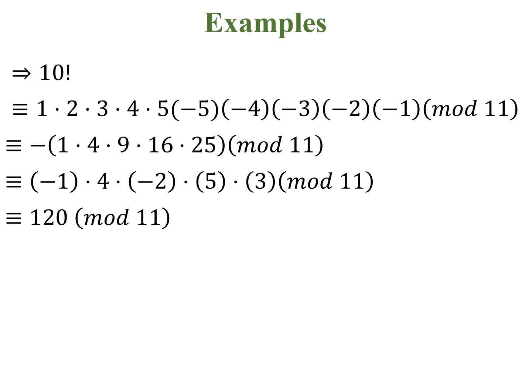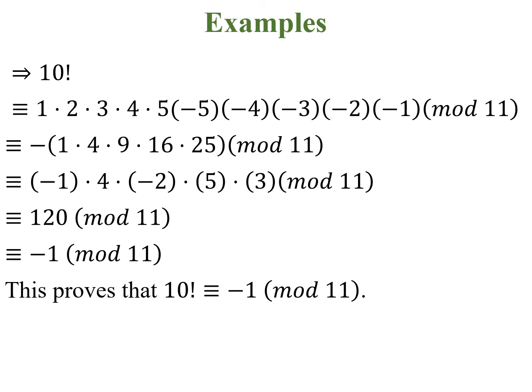And 120 is congruent to minus 1 modulo 11, because 120 minus minus 1 is 120 plus 1, that is 121, which is the square of 11, which means it is divisible by 11. Therefore 120 is congruent to minus 1 modulo 11. In this way, 10 factorial becomes congruent to minus 1 modulo 11.